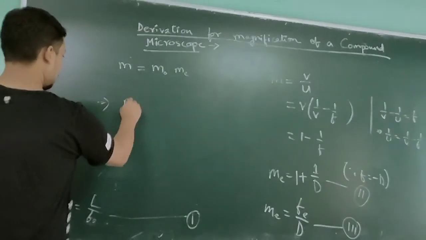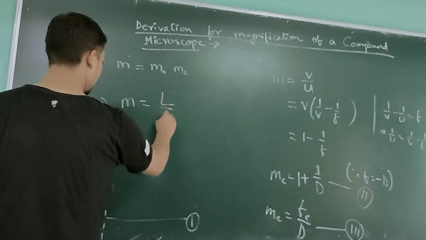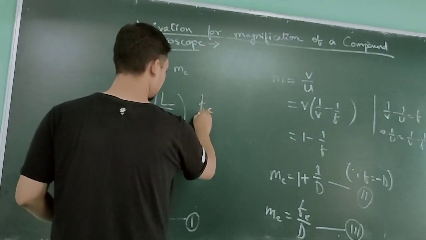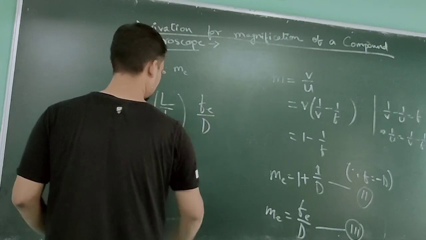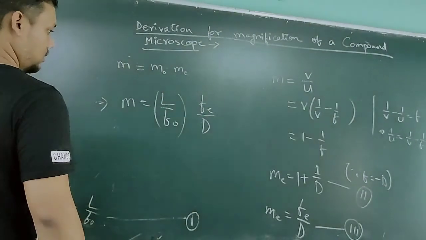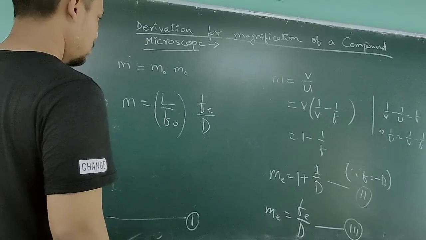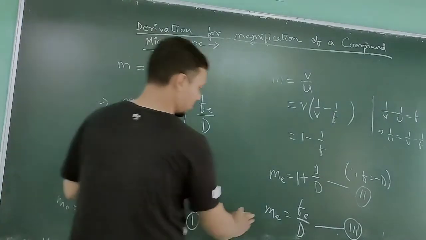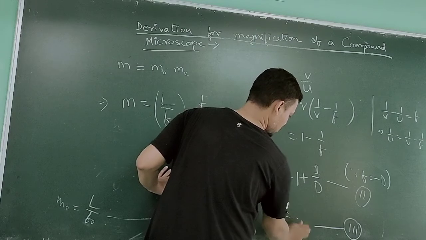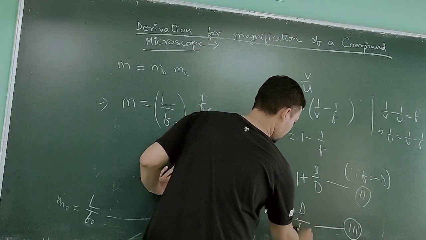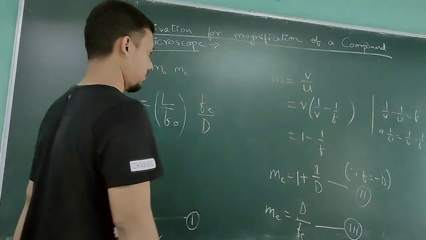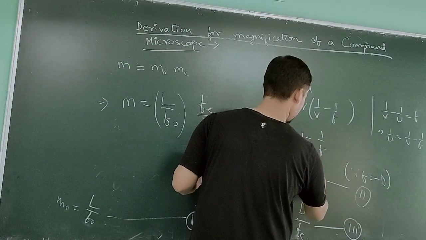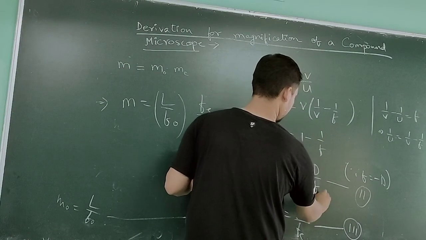Then we will get m is equal to L by f naught into d by fe. No, it was d by fe. Sorry, it was d by fe. And this formula was also d by fe.